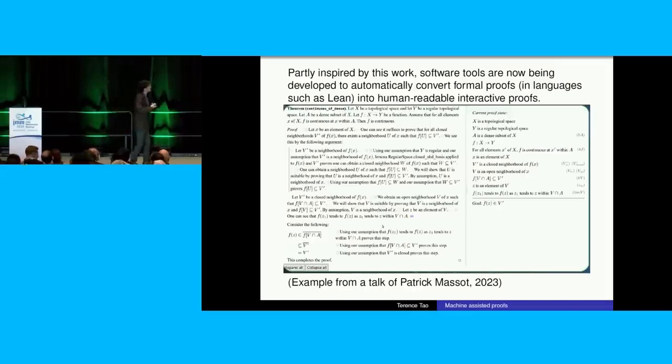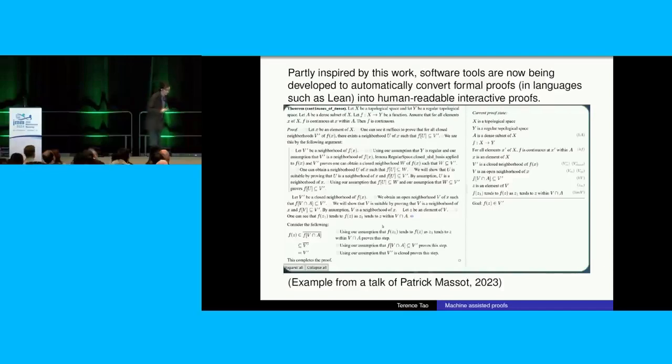The proof was written first in Lean, but then it was automatically converted into a human readable proof. But again, every step you can expand and contract. If there's a step you want to explain more, you can double click it and it will expand out and give all the justification. You can click at any given point in the proof, and it will tell you what the hypotheses are currently and what you're trying to prove.